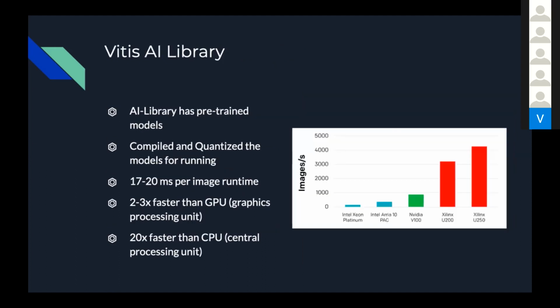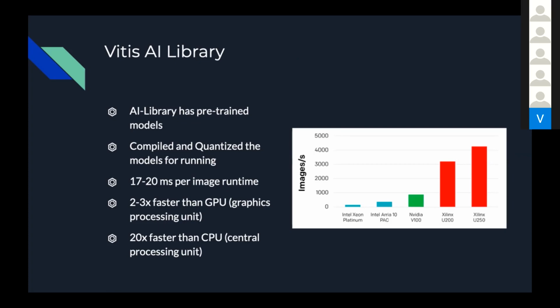So the Vitis AI library is one of the tools that was inside that GitHub repository. It has a lot of pre-trained models that you can deploy directly, and you can compile and quantize those models. I'll explain the quantization later, but we were able to run YOLO v3 on the FPGA, and this was a single image, so we weren't able to get video going just yet.